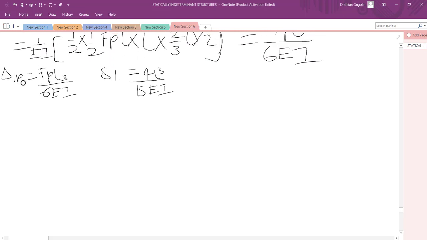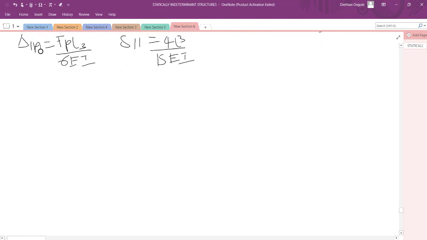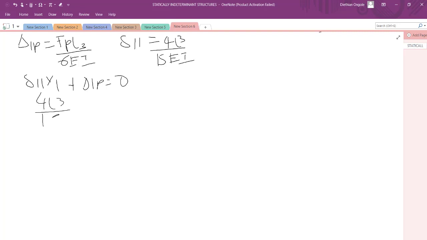So x1: from our equation, delta 11 x1 plus delta 1p is supposed to be equal to 0. Therefore, we have 4L cubed over 15 EI times x1 equal to negative FPL cubed over 6EI.